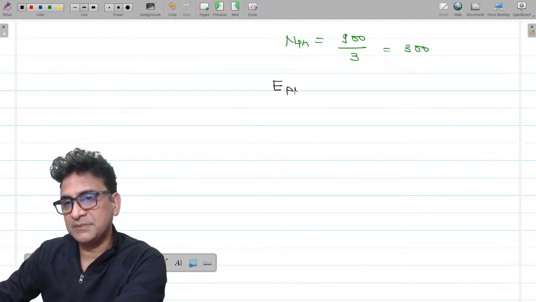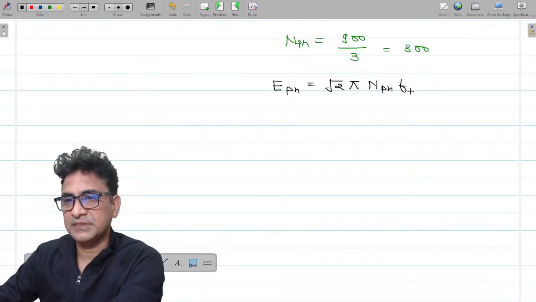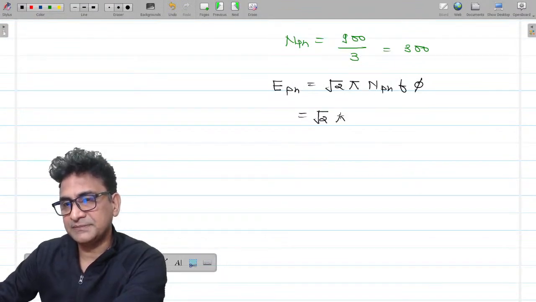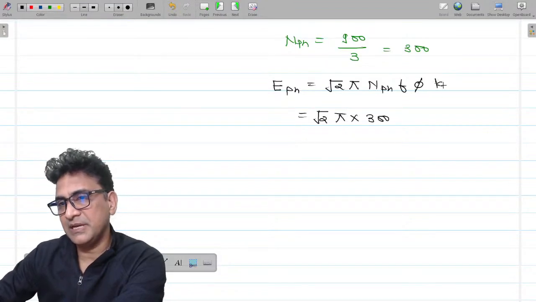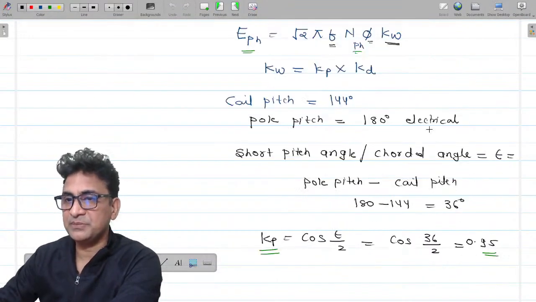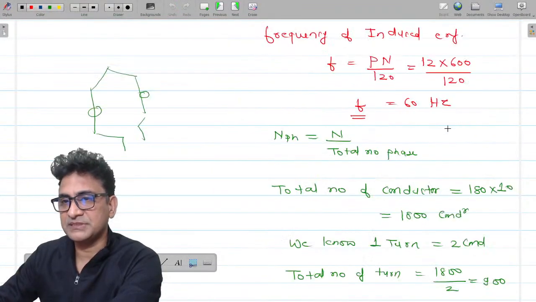So the induced EMF per phase is under root 2 into pi into NPH into F into flux into winding factor. Under root 2 into pi, NPH is 300, F is 60 Hz, and phi is the flux per pole, which is given as 0.06.